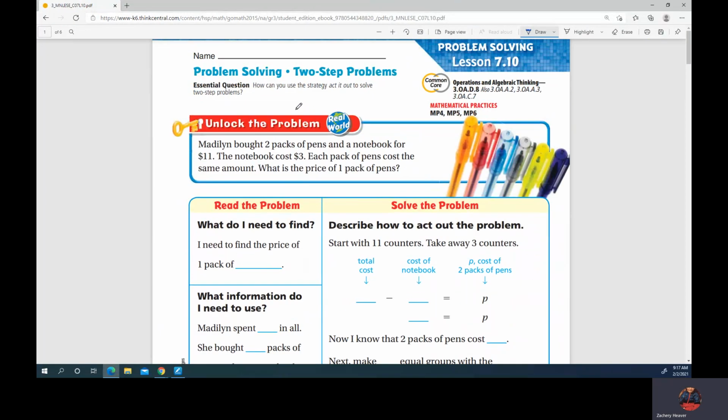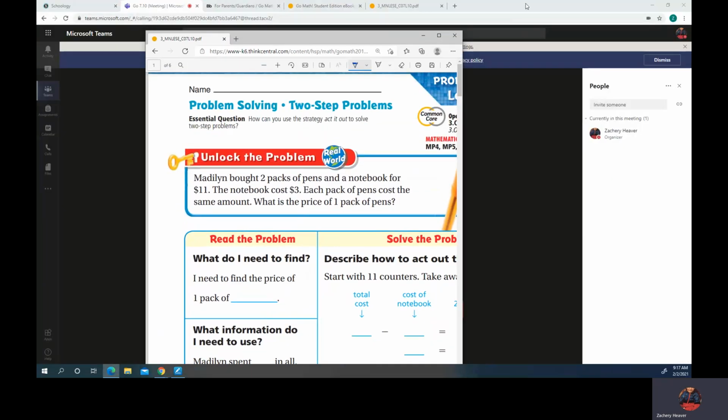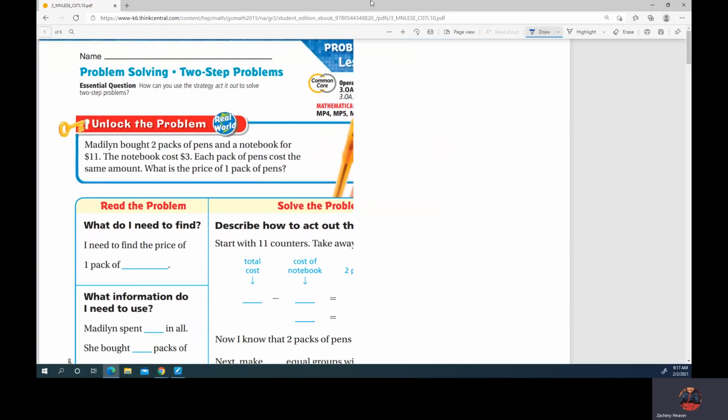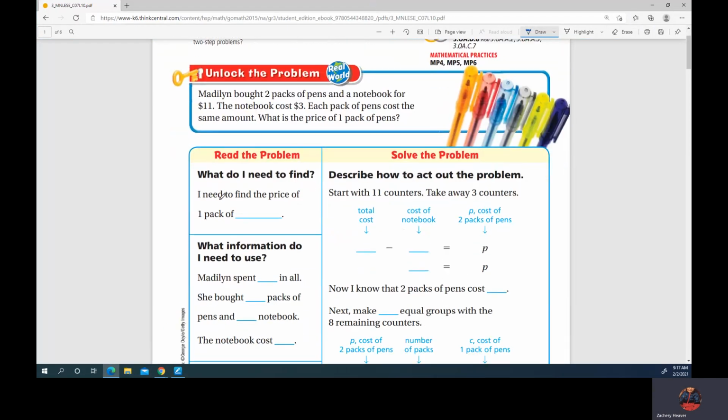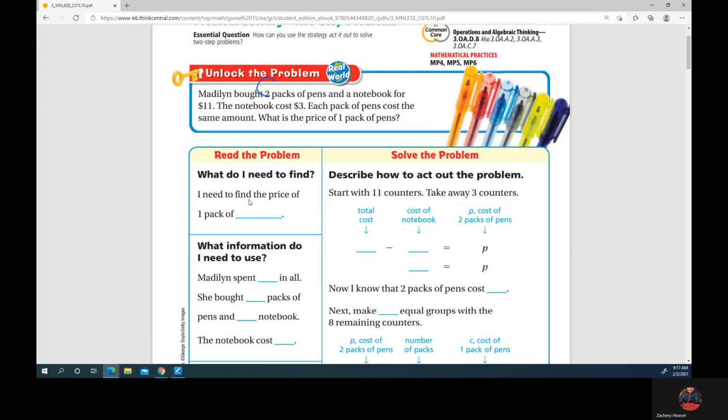So let me move this over here. Okay, so we have 2-step problems, and we're going to look at what we need to find. Madeline bought 2 packs of pens and a notebook for $11. The notebook cost $3.